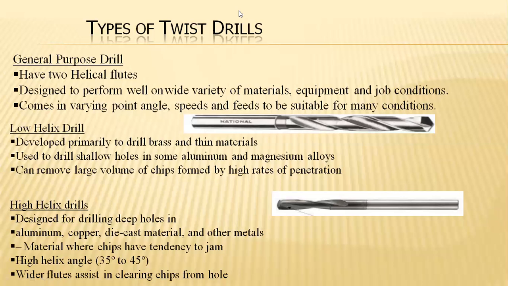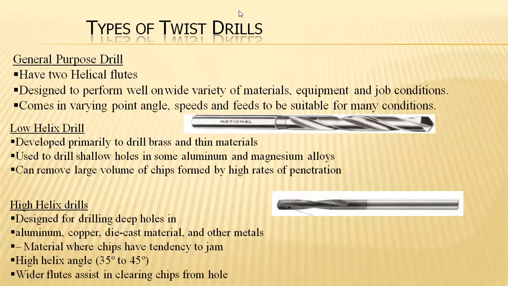High helix drills, which have a long range of helix natures, are particularly designed for drilling deep holes, particularly in the case of aluminum, copper, die-cast materials, and some of the materials which have composition associated with it.